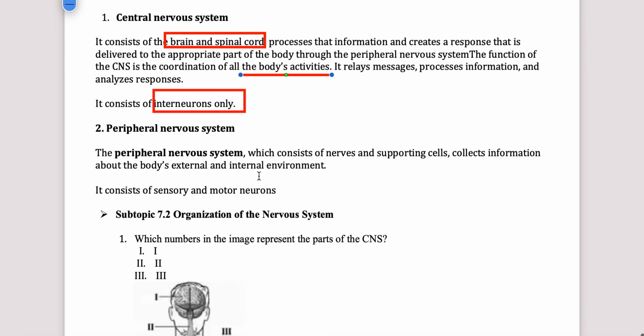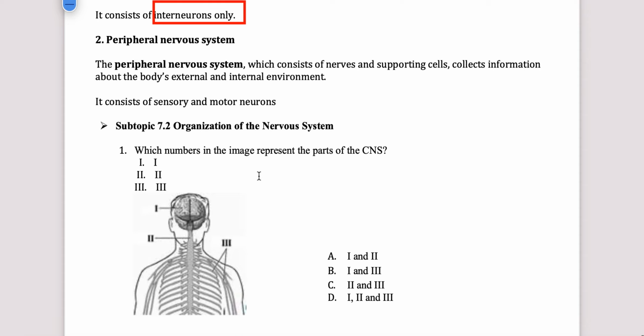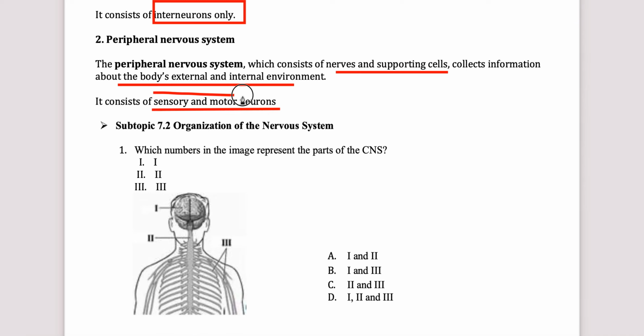It takes the messages from the sensory neuron and uses its motor interneuron to pass the message through the motor neuron. Peripheral nervous system consists of all the nerves and supporting cells which are in the external and internal environment. It consists of the sensory and motor neuron, not like the CNS that has only interneuron. Quickly, two questions only.